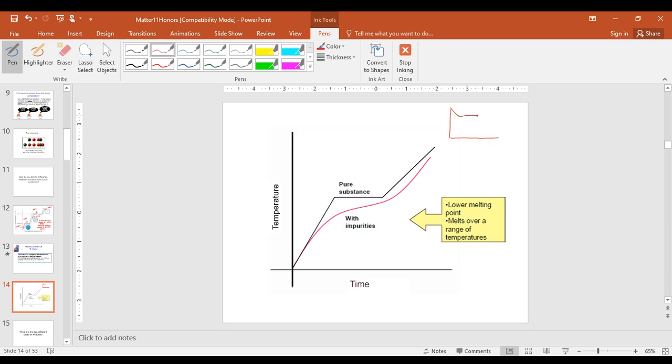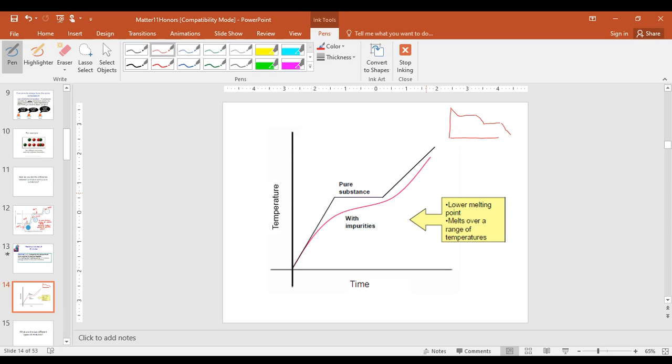And then we would be cooling down a liquid. And then as it freezes, it would flatten out if it were a pure substance. And then we would be cooling down the solid. So it would just go in the opposite direction, but it would have the same general shape. And obviously, if it were not a pure substance, we would not have those plateaus just like we see as we heat up a mixture.